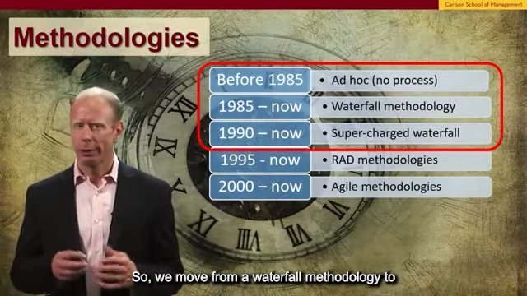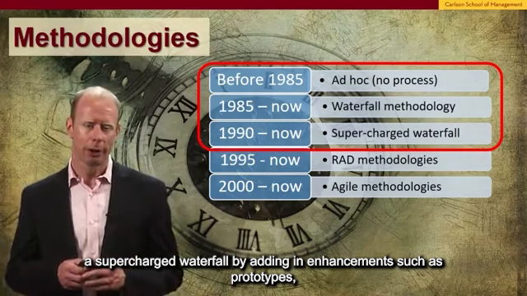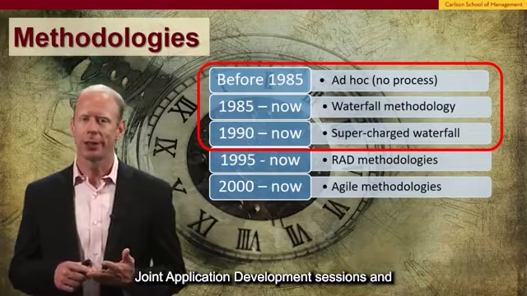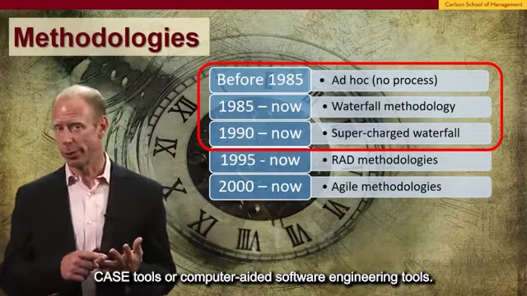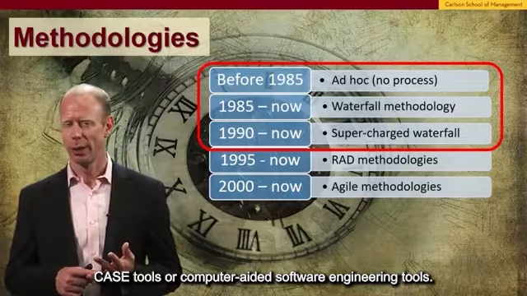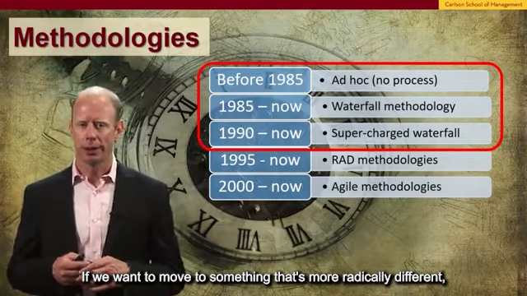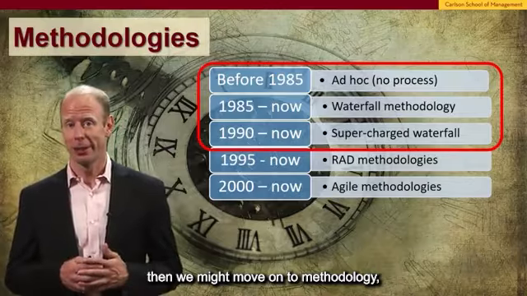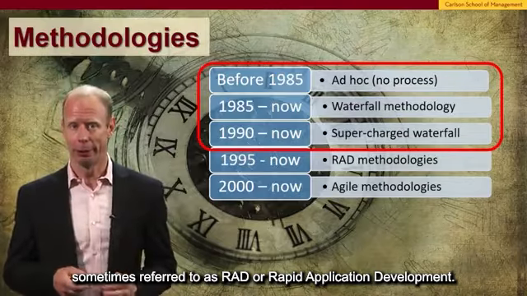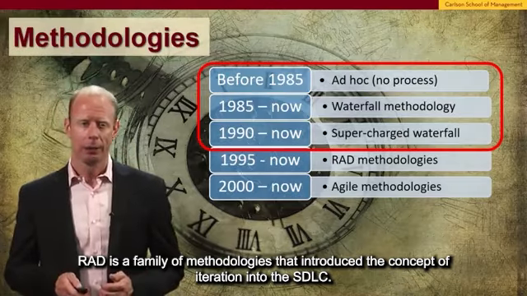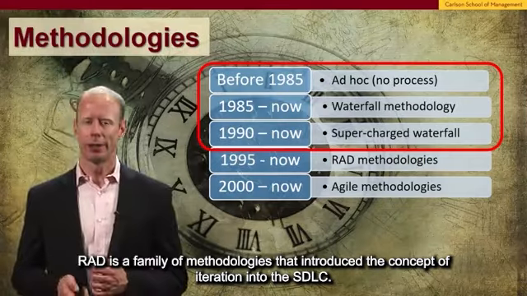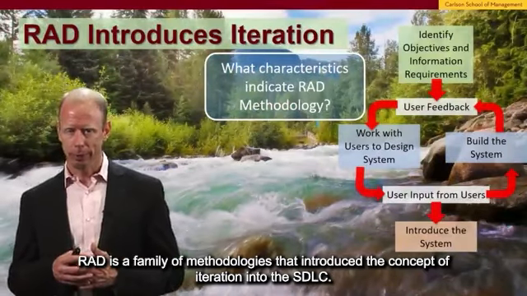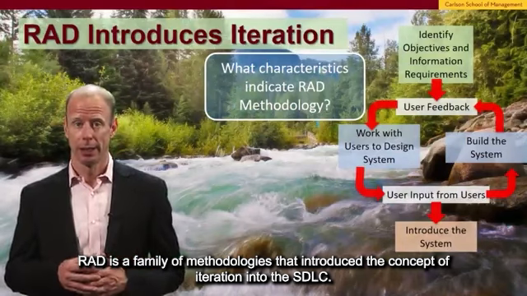So we move from a waterfall methodology to a supercharged waterfall by adding in enhancements such as prototypes, joint application development sessions, and CASE tools, or computer-aided software engineering tools. If we want to move to something that's more radically different, then we might move on to a methodology sometimes referred to as RAD, or Rapid Application Development. RAD is a family of methodologies that introduce the concept of iteration into the SDLC.